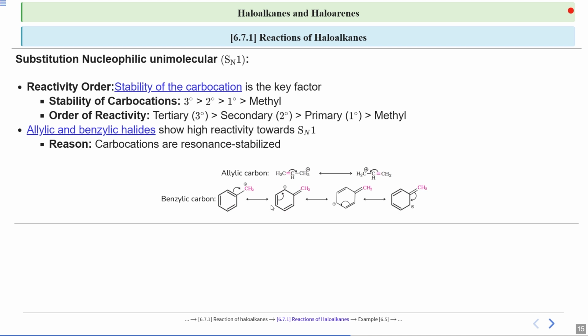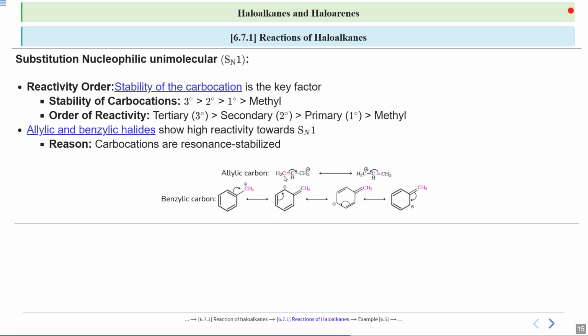Now the other double bond present in the ring becomes responsible for stabilizing this positive charge. So these sharing electrons are going to go to this carbon to stabilize the positive charge, and because they are going here, the double bond shifts from here to here, and the positive charge also shifts to the carbon that donated its sharing electrons. Now the next double bond stabilizes this positive charge in the same way: the double bond shifts, and the positive charge goes from this carbon to this carbon.